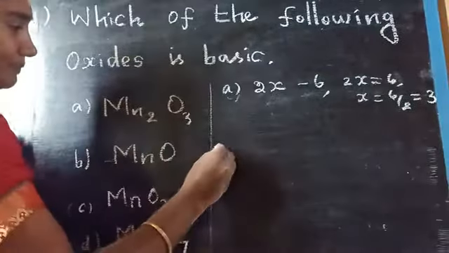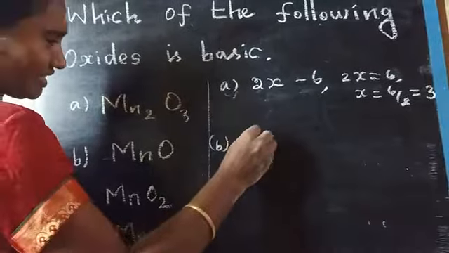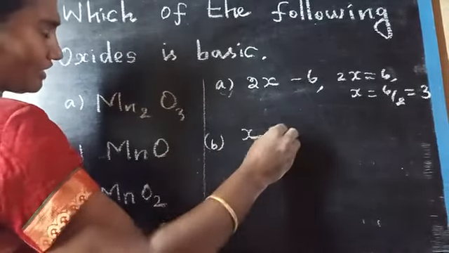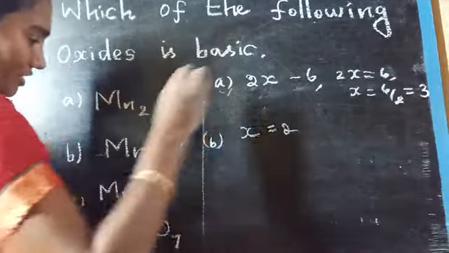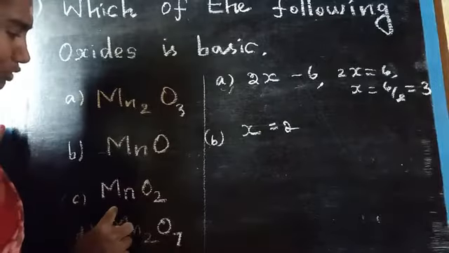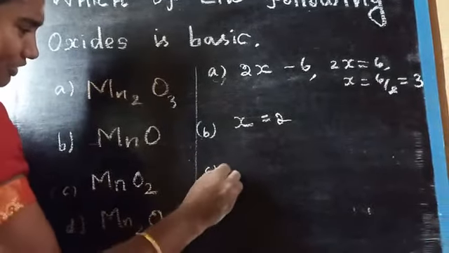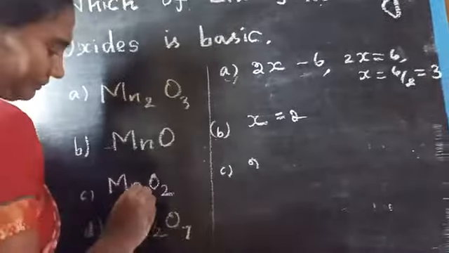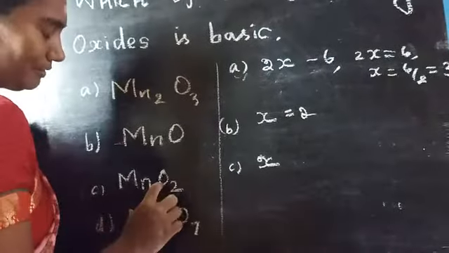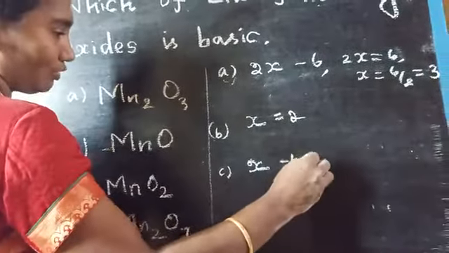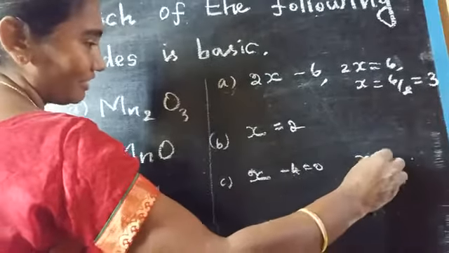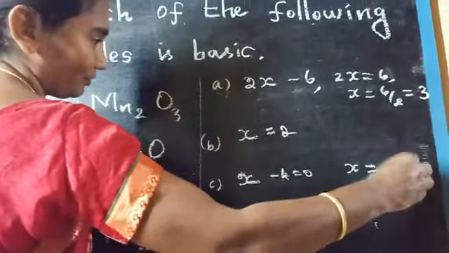Next option B: x minus 2, so x is equal to plus 2. Next option C: x minus 4 equals 0, so x equals plus 4.